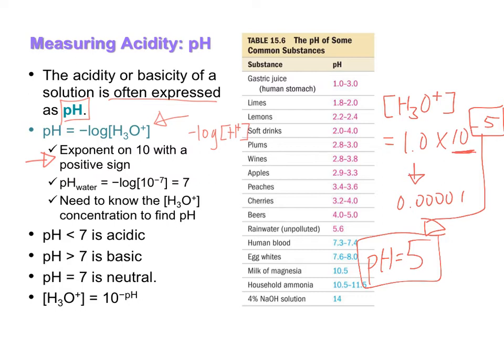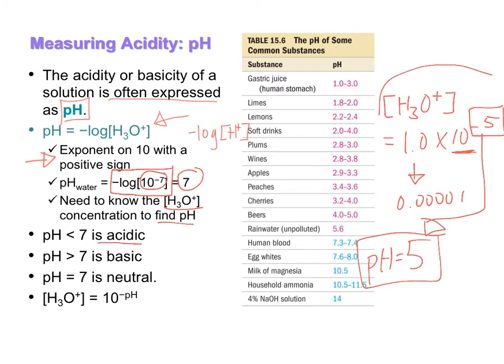If you were looking at the pH of water, you would take the concentration of hydronium, which is 10 to the -7th, take the negative log of it, and you get 7. Isn't that so much easier to work with? You need to know the concentration of hydronium in order to find the pH. If you have a pH less than 7, you consider the solution acidic.